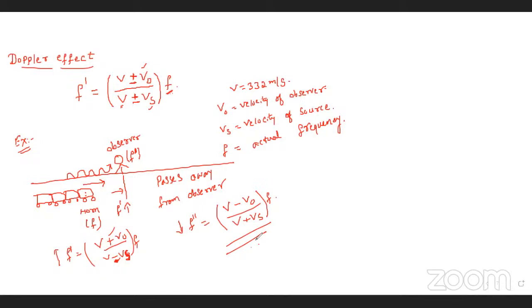So please be very careful, students. If the apparent frequency is increasing, you have to use plus in the numerator and minus in the denominator. If the apparent frequency is decreasing, the numerator should be minus and the denominator must be positive.